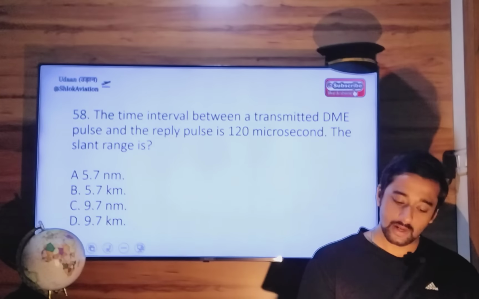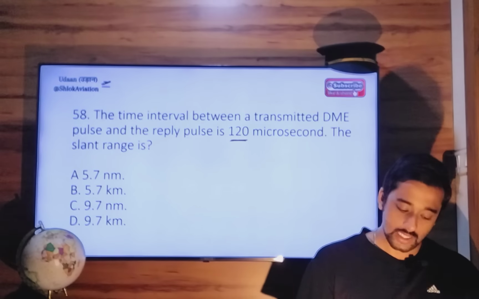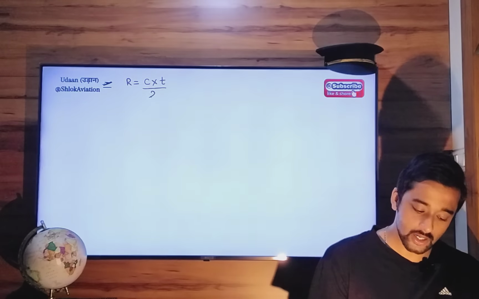Question 58. The time interval between the transmitted pulse and reply pulse is 120 microseconds. What is the range? So the formula is range is equal to speed of light into time interval divided by 2.